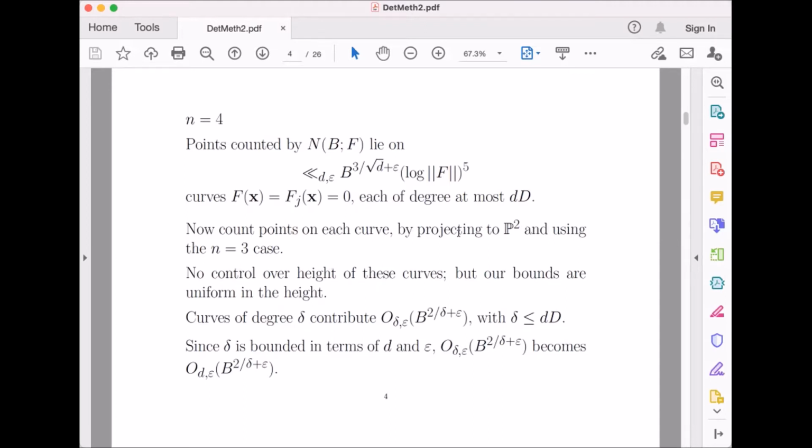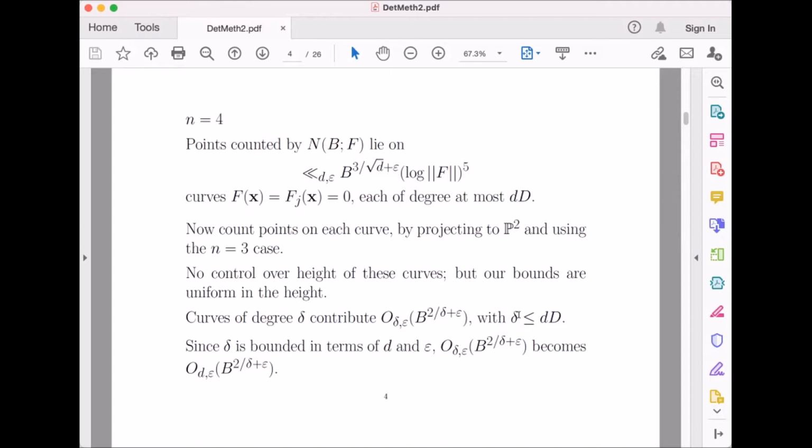Now, if we have a curve of degree delta, well, the previous theorem tells us the number of points will be of order B to the 2/delta plus epsilon. And we have an upper bound for delta. It's at most d times capital D. The implied constant here will depend on epsilon, but also on delta.